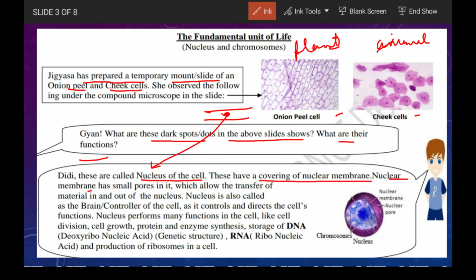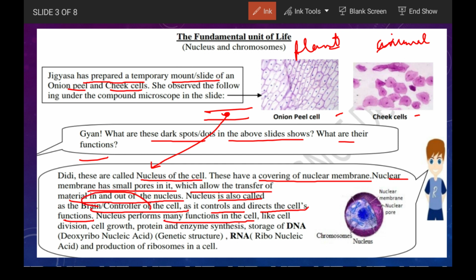The nuclear membrane has small pores in it which allow the transfer of material in and out of the cell. These pores are like doors which control the entry and exit of material out of the nucleus. So, the nucleus is also called the brain controller of the cell because it controls and directs the cell's functions. It controls all the functions of the cell. That is why it is called the brain controller of the cell.